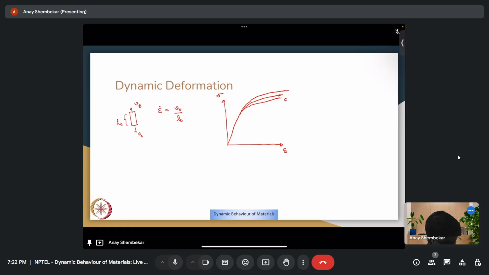So this is epsilon 1 dot, epsilon 2 dot, epsilon 3 dot, and here somewhere you have flow stress coming up, epsilon dot 3 greater than epsilon dot 2 greater than epsilon dot 1. If you remember, the definition of flow stress is basically instantaneous plastic stress.